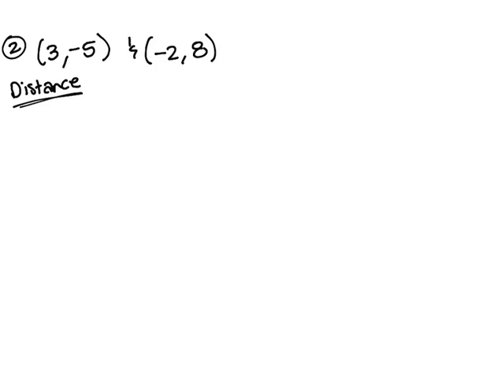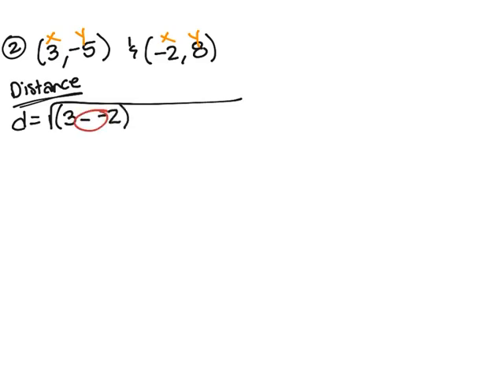Number 2, you have the points 3, -5, and -2, 8. And we're going to do the distance. So to do the distance, we're going to subtract our x's squared plus the subtraction of our y's squared under the square root. So that would be 3 minus a -2.